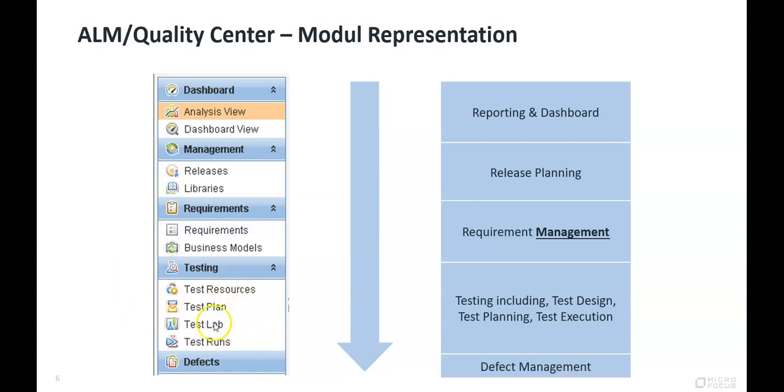And if a defect was created during the testing, this was done in test lab, but the management of the defect was not in the requirements module, not in the test plan, not in test lab. You have to go to the defect module in order to do the management of defects. So it was really limited to the specific disciplines and areas, and this was really due to the fact that it was more the traditional way of working, and also today it is really tied to those modules, so you cannot really do the cross work on entities in the different modules.